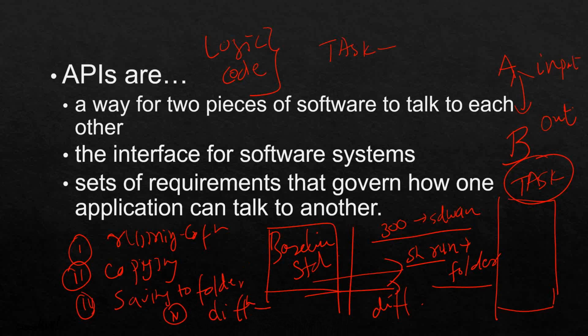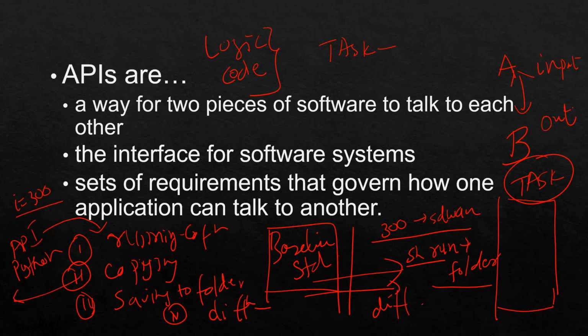So what you can do is, okay, I will use one API to get the running configuration. Then I will use some Python program to copy those configurations inside the local folder, and I will put in a loop that will go up to 300 times, and it will put all the files inside the folder.